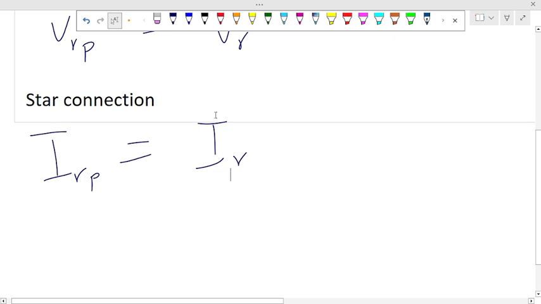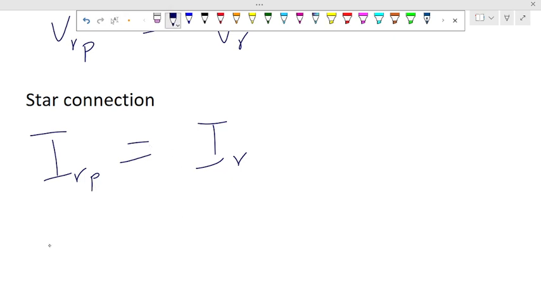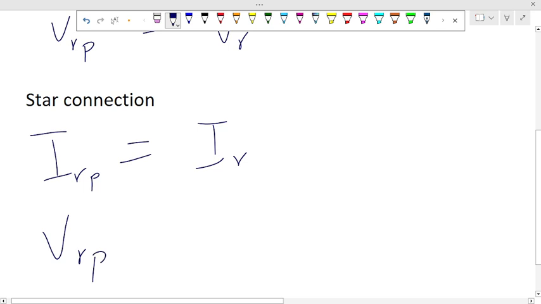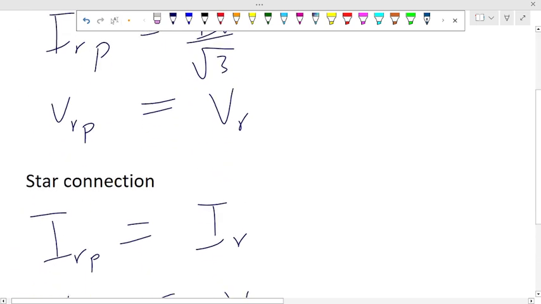So the receiving end current for the 3 lines is the same as the receiving end current for 1 line. But the voltage is now the voltage of the receiving end divided by the square root of 3. So it's just like the opposite of the delta connection.